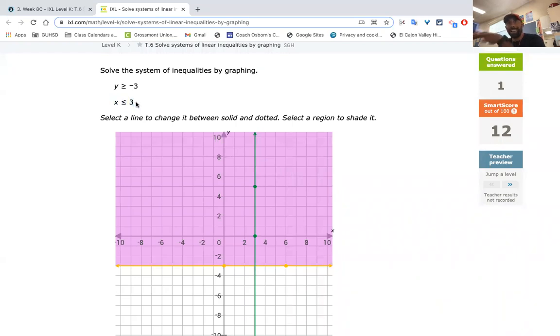Since x is less, think about it. What numbers are less than 3? So if 3 is right there, what's less? Anything to the left. So -6 is less. -2 is less. 2 is less. But 6 is not.